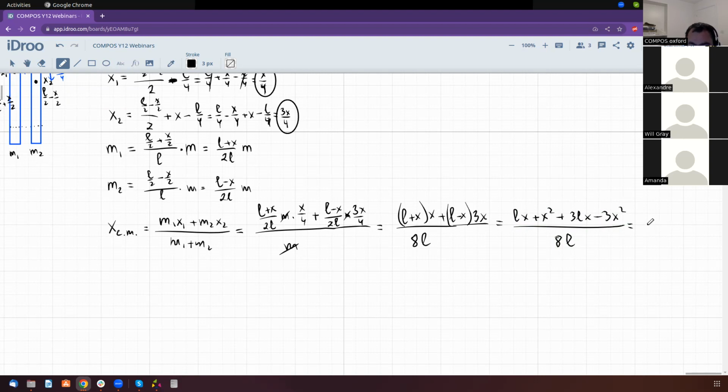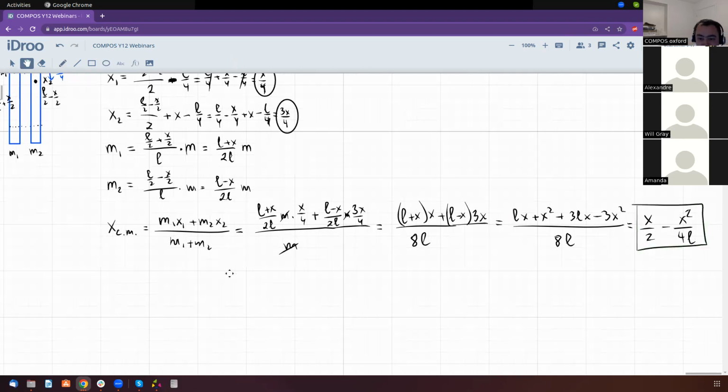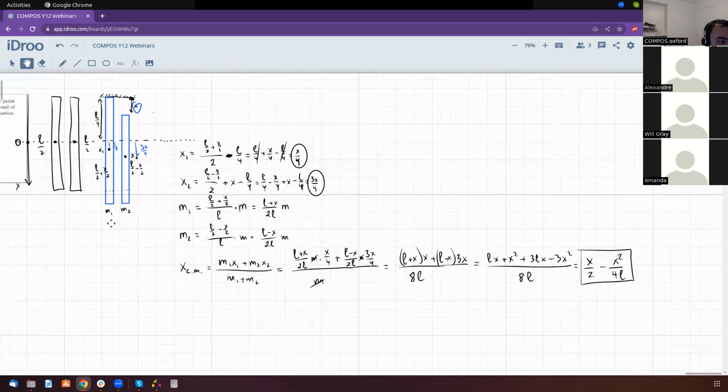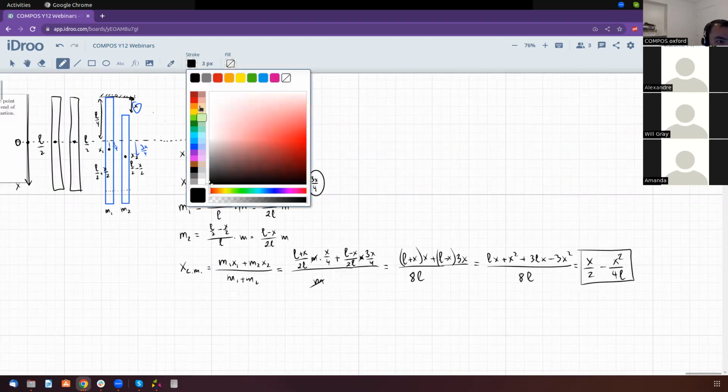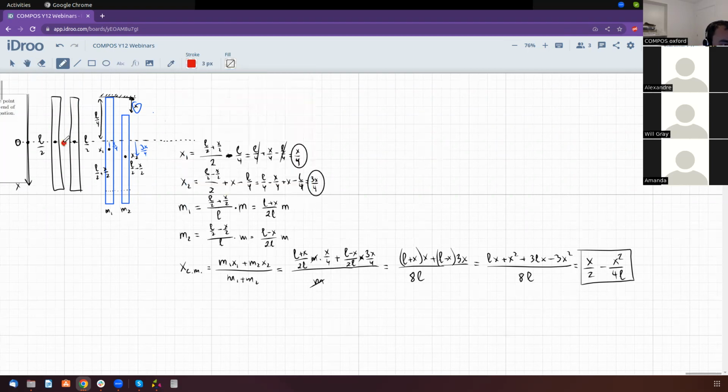So it's going to be x over 2 minus x squared over 4L. This is how much the center of mass has moved. So the center of mass of the rope was here, and now it is somewhere here, and the distance that it has moved is this.